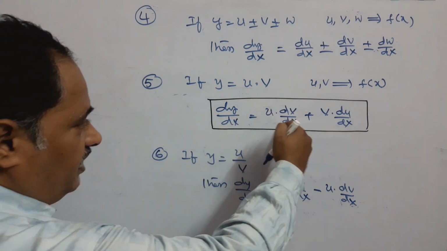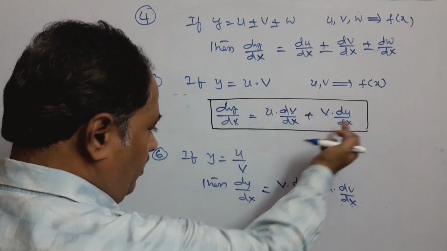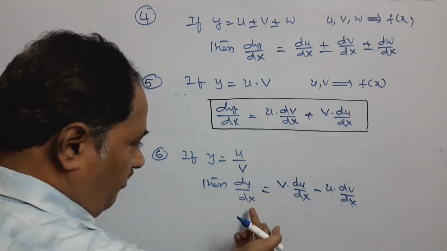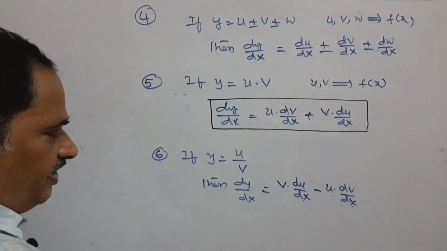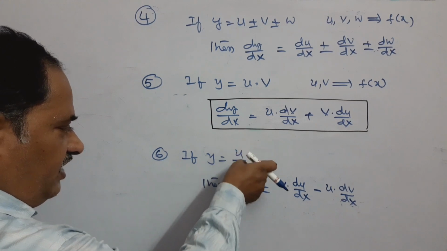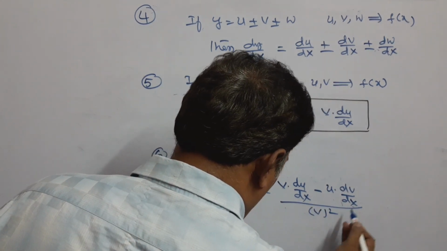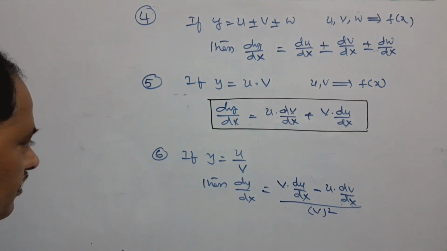Whereas in the case of the product, here you have plus: v into du by dx plus u into dv by dx. And for dy by dx, especially when y equals u by v, you write this value over the denominator whole square.